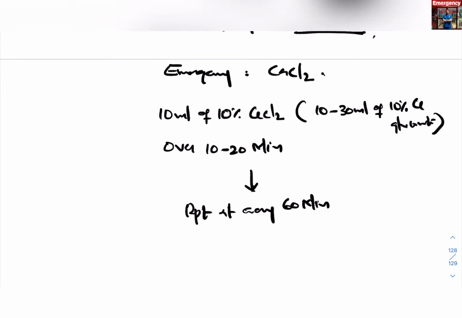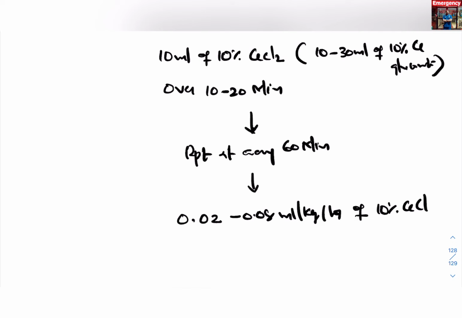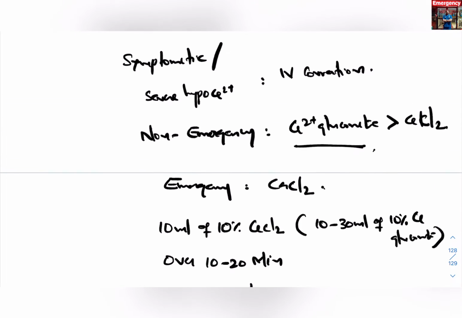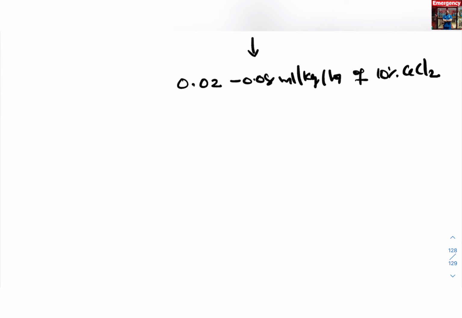Once the patient gets better, then you can go for an infusion at a rate of 0.02 to 0.08 ml per kg per hour of 10 percent calcium chloride. This is how you correct a patient with symptomatic or severe hypocalcemia. So that's all about hypocalcemia.